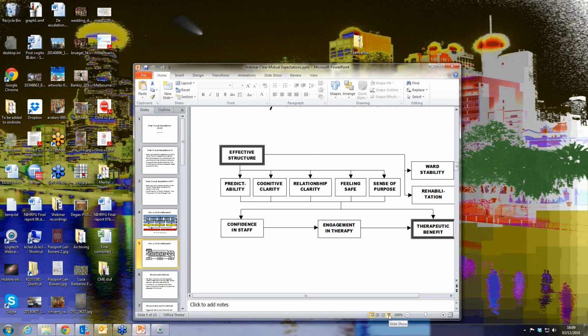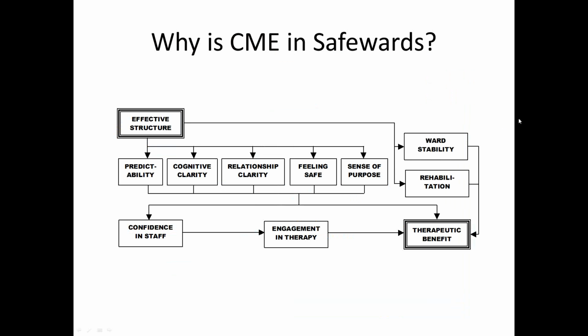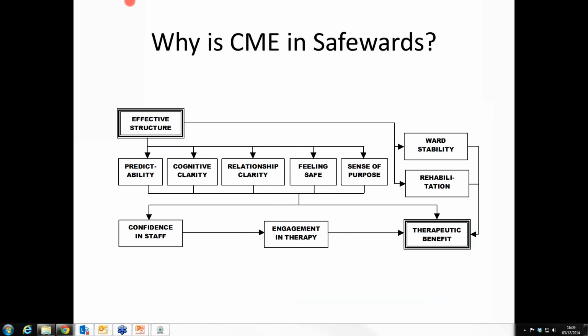Let me just carry on with this. That's better. Let me go with the spotlight. Let me get rid of that if I can. Okay, effective structure. Sorry for all of these little delays. I don't know whether you're seeing exactly what I'm seeing on my screen, but I've got my little video window which is popping up. That's absolutely fine if you can see that. I can still see the diagram.